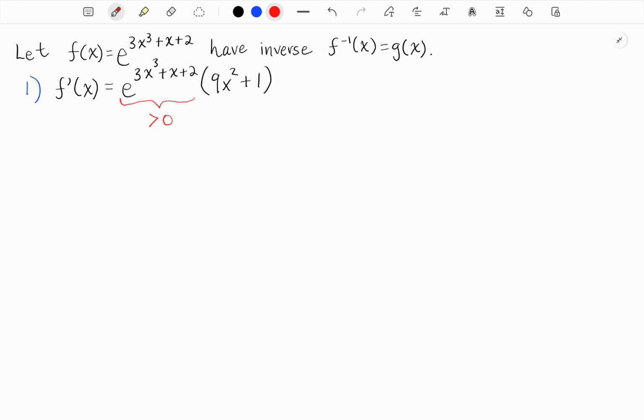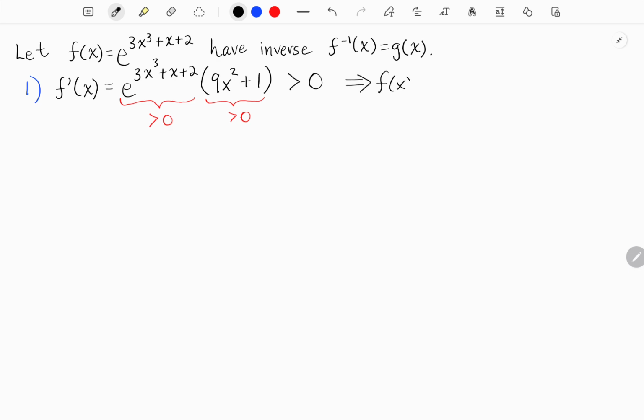And then 9x squared plus 1, this is always positive as well, because 9x squared is non-negative, but you're adding 1 to it, so it's greater than 0. So altogether, if you have a positive value times a positive value, this whole thing is always going to be positive.